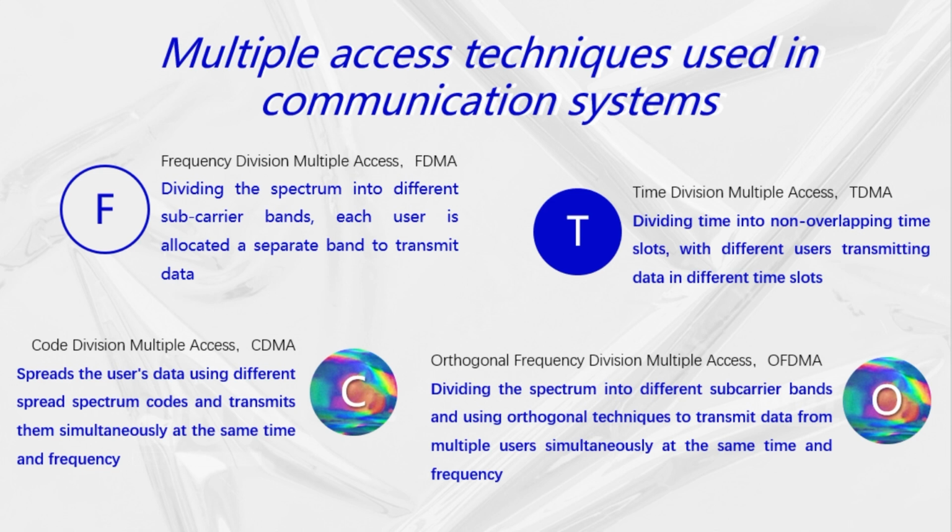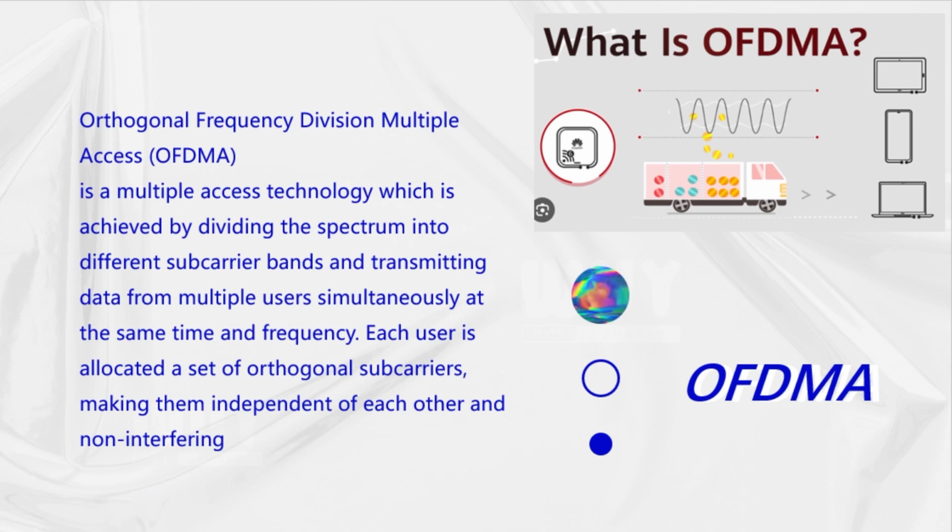The last one is OFDMA. This is our important topic today: orthogonal frequency division multiple access. Dividing the spectrum into different sub-carrier bands and using OFDMA to transmit data from multiple users simultaneously at the same time and frequency. And what is OFDMA?